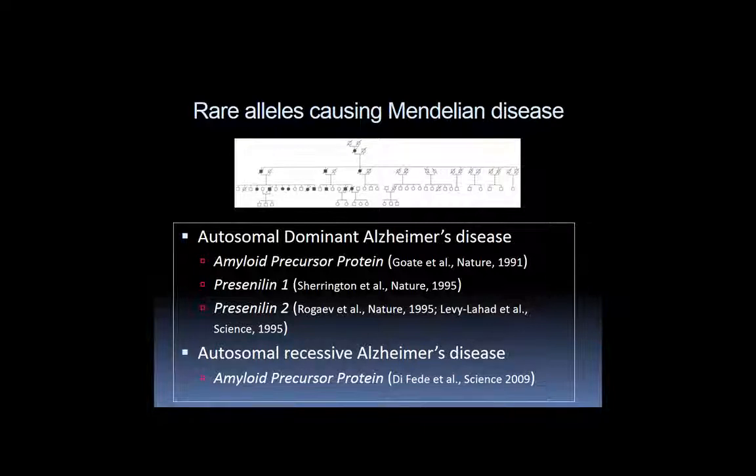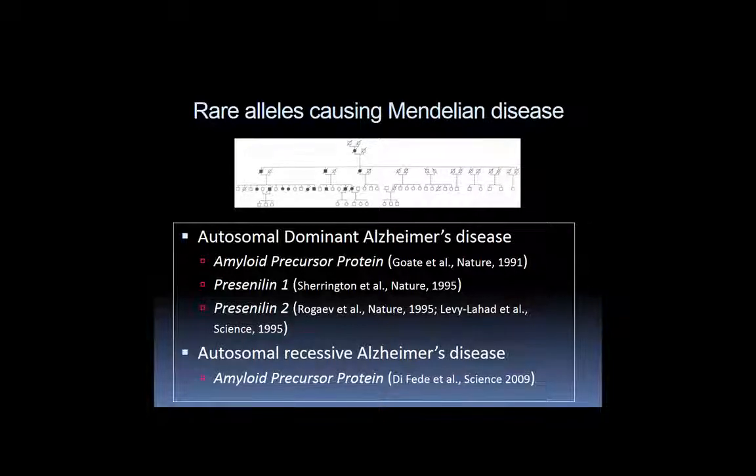So there may be other genes, but they are not present in big families where we have been able to do studies. With a lot more sequencing going on, we may turn up some other genes, but these account for the vast majority of the autosomal dominant forms of Alzheimer's disease.